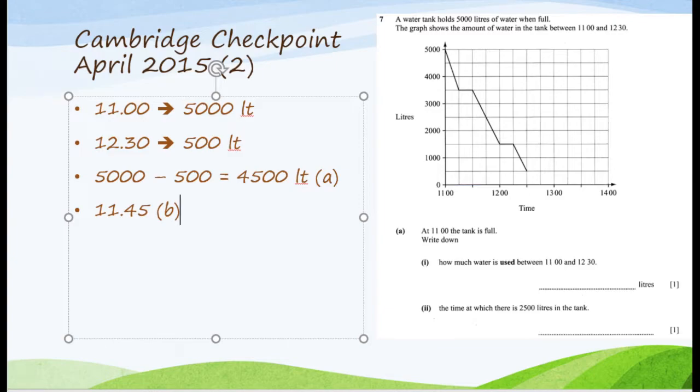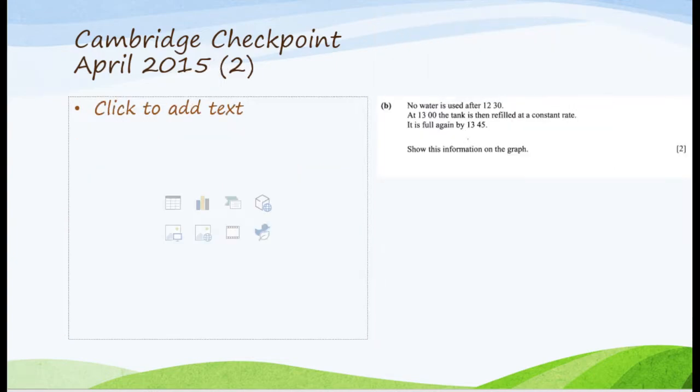Okay? And then we go to the next one here. No water is used at 12:30. Please remember that. So no water is used after 12:30. It means it stays at 500 liters, right? And then at 13, the tank is then refilled at a constant rate.